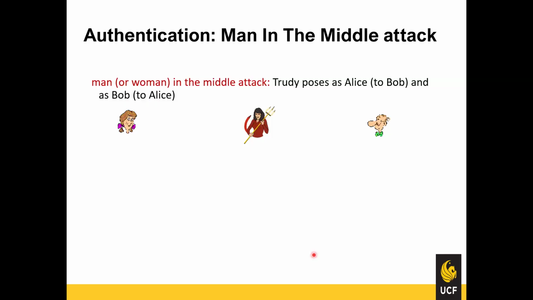And then man in the middle is like impersonation, where Trudy acts like she's the actual user to both given users that we have, Alice and Bob. So Alice is going to send her info to Bob, hoping that it would reach Bob. But we have Trudy acting in the middle to capture that information.